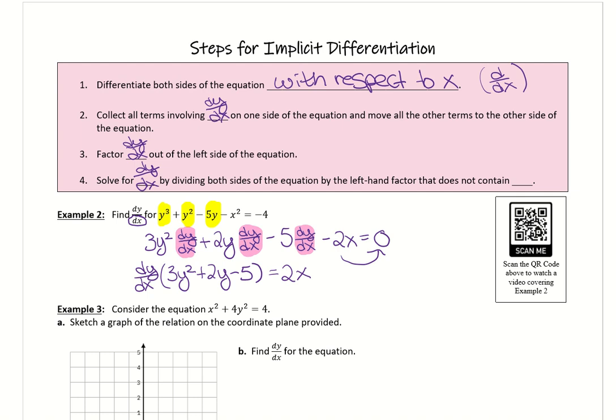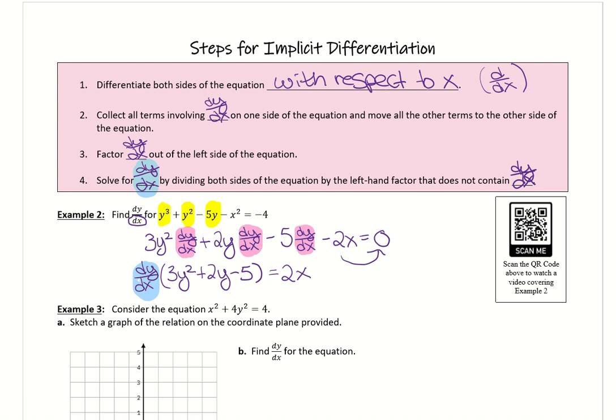So we're actually almost done. Our goal now is to solve for dy dx. Notice that all of this stuff next to it is connected with multiplication. So we divide it by everything that does not contain dy dx. So we're going to divide both sides by this 3y squared plus 2y minus 5.